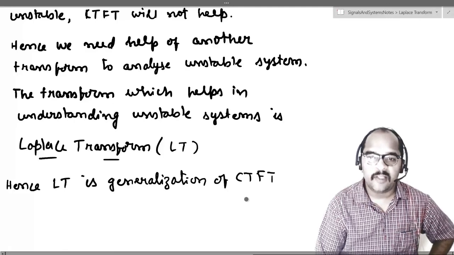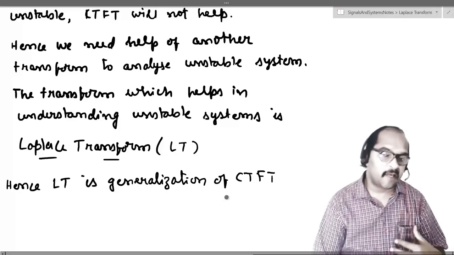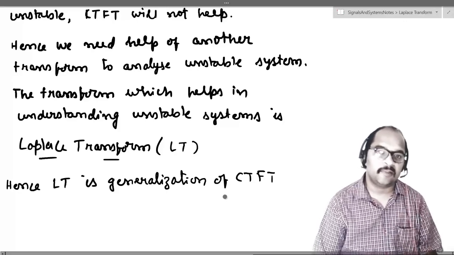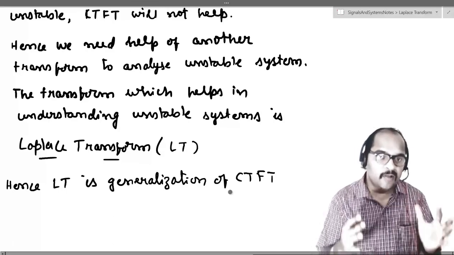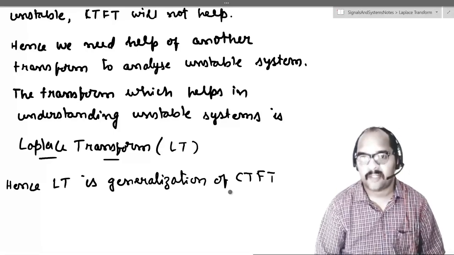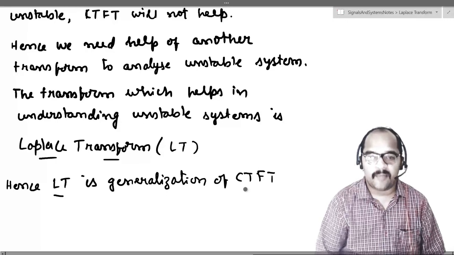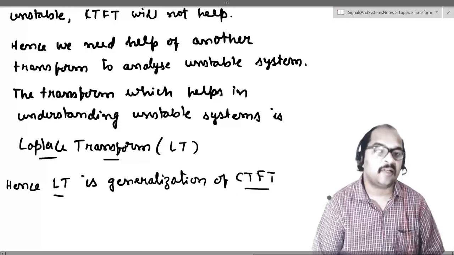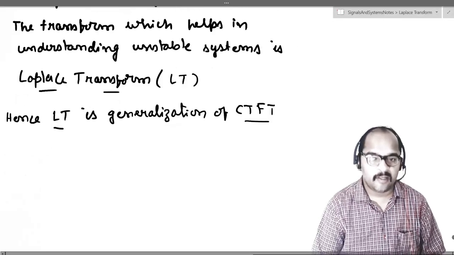CTFT is only for stable systems, but if you want to take care of both stable and unstable systems, we can take the Laplace transform. Hence continuous time Fourier transform is like a subset of Laplace transform. Definitely they are closely related, and that we will see in the coming lectures.